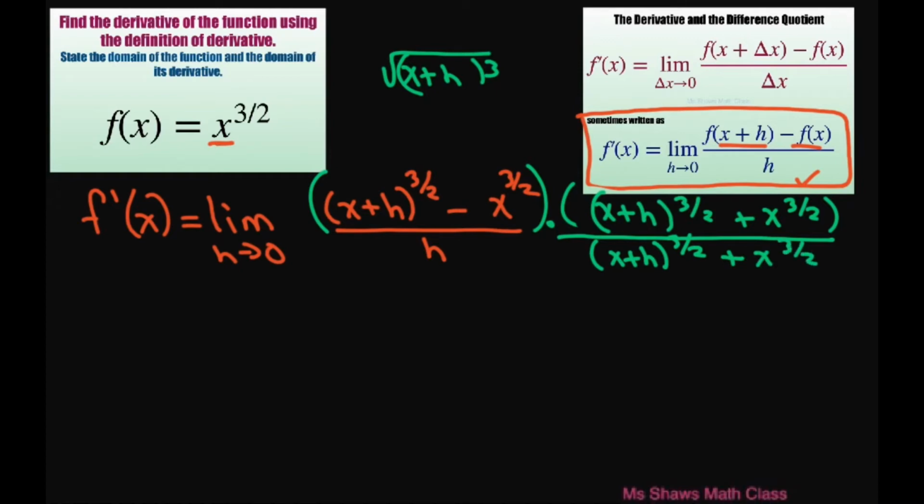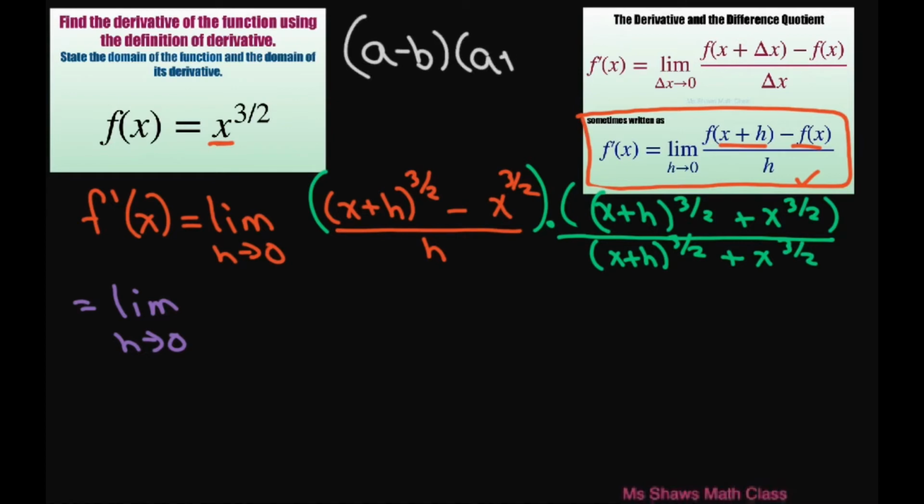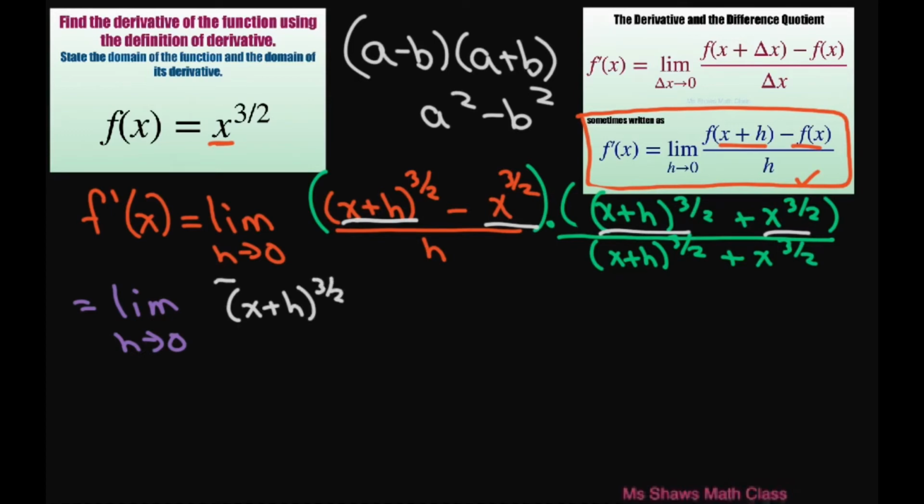Now what you get is equal to the limit as h approaches 0, and we're looking at a minus b times a plus b equals a squared minus b squared. So this is your a and this is your b. So what we're going to do is write this as x plus h to the power of 3/2 squared minus x to the power of 3/2 squared.